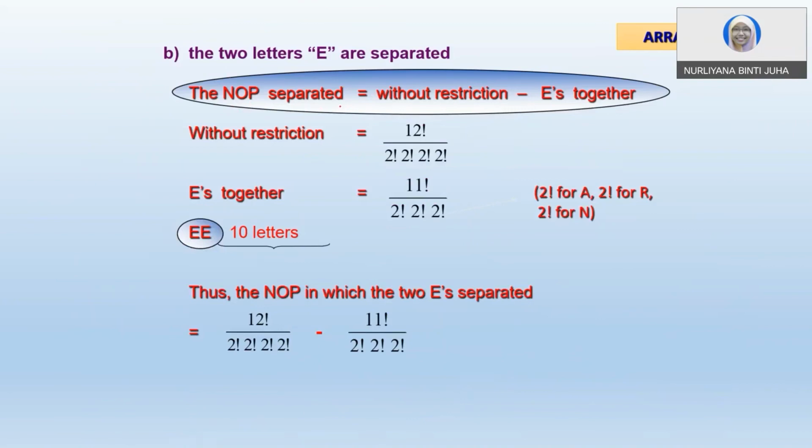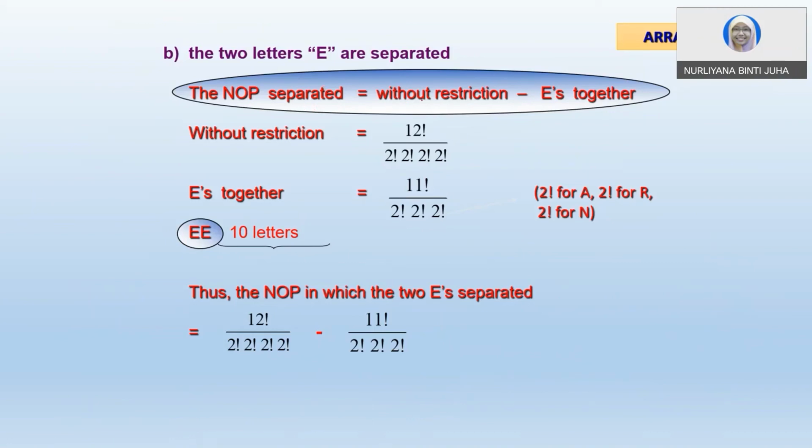Number of permutation separated is actually equal to without restriction, you minuskan dengan yang E yang together. Dia macam ni lah lebih kurang. Kan? Macam yang tadi, yang boys and girl next to each other. Sama juga in this case. So you have this formula.